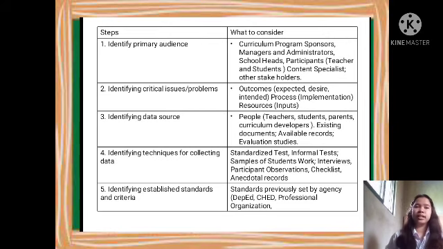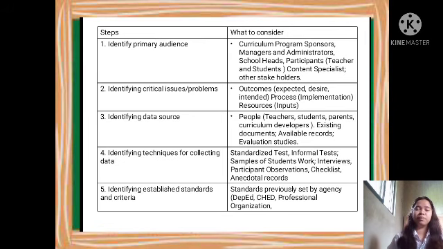Number 4 step is identifying techniques for collecting data. So what to consider: standardized tests, informal tests, samples of student work, interviews, participant observation, checklist, anecdotal records.